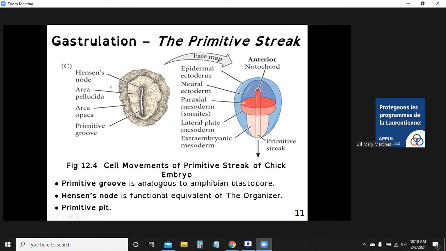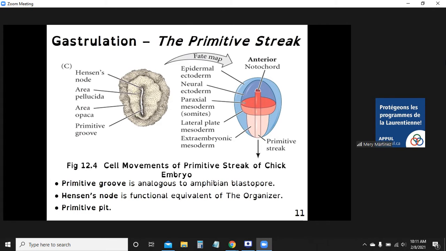So at the center of this node, you see in here, we're going to have a little bit of a funnel, a little depression, and that is called the primitive pit. So Hensen's node on the primitive groove, and at the end of the Hensen's node is the primitive pit.